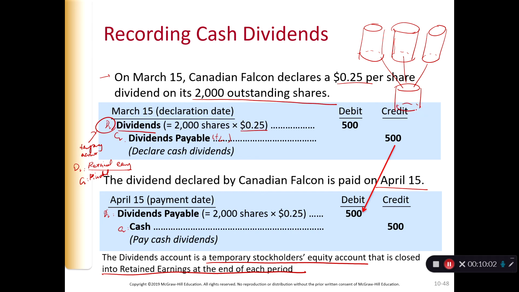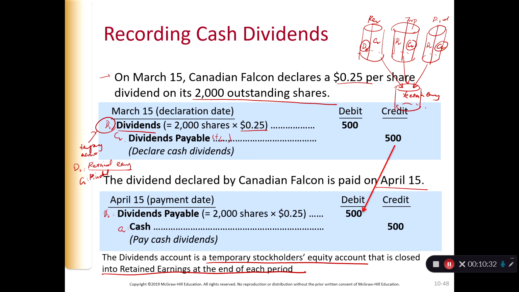Remember that example? So revenue account, expense account, and dividend account. Revenue has a credit balance, expense has a debit balance, and dividends have a debit balance. Look at this debit balance. So when we want to dump all these three accounts into retained earnings, we debit out revenue, we credit out expenses, and we credit out dividends.